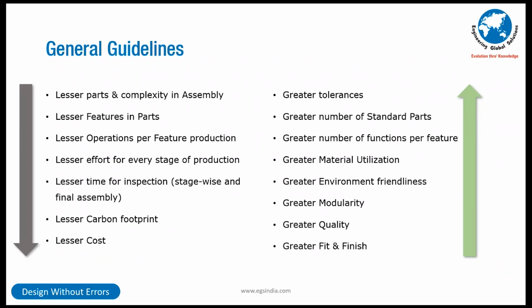Greater environmental friendliness, greater modularity. Modular designs can be adopted across many assemblies with completely different fit, form, functional requirements. Greater quality and greater fit and finish. These are the guidelines for DFM. You put this all in an Excel sheet or whatever, or you have a PDM or a PLM, you put them together, put it as a part of your workflow, it gets done.